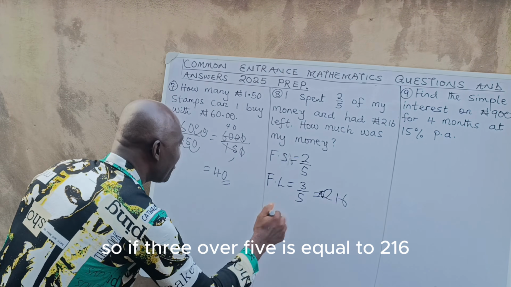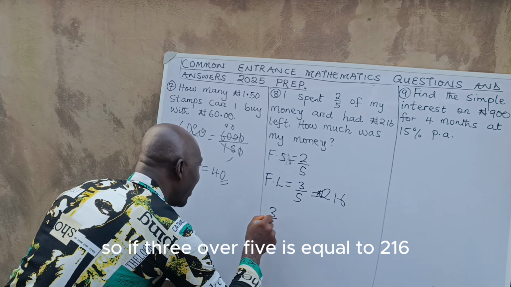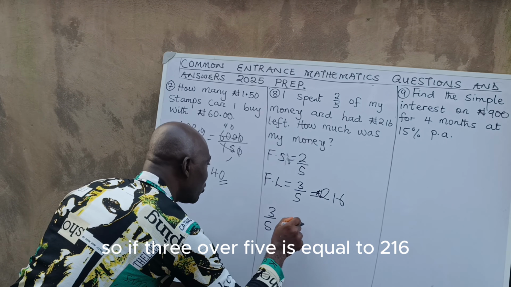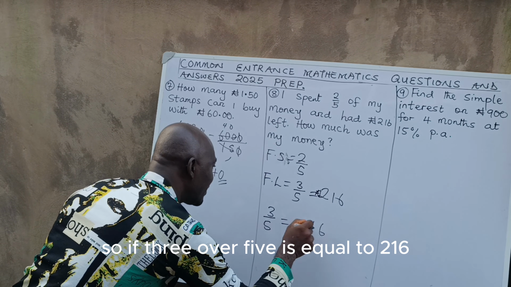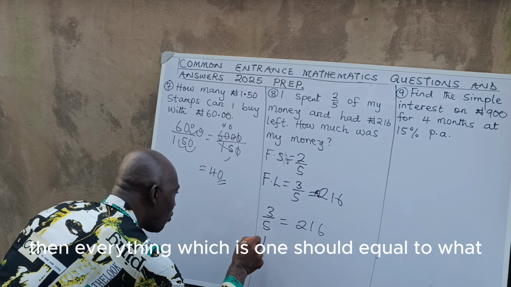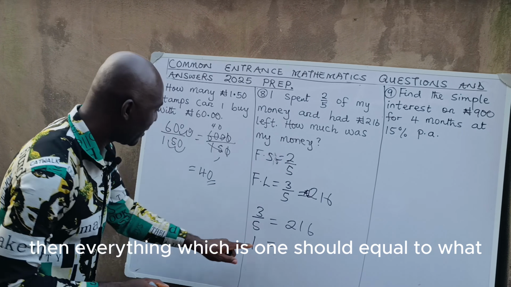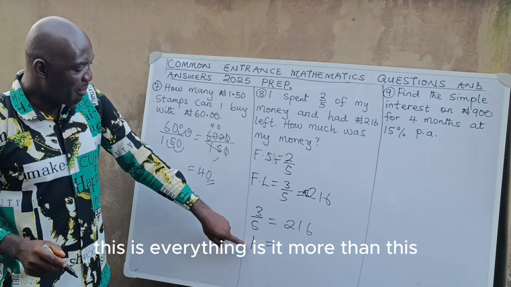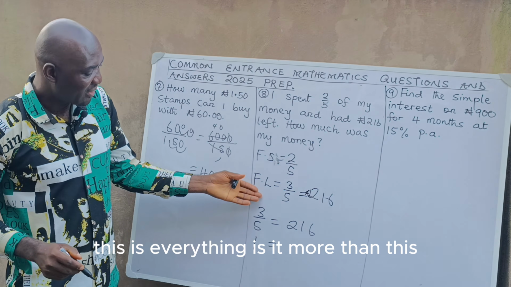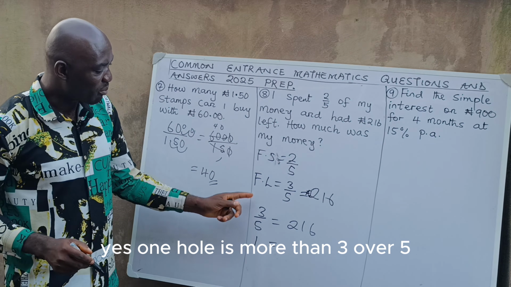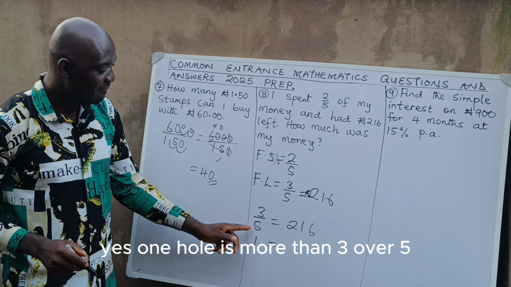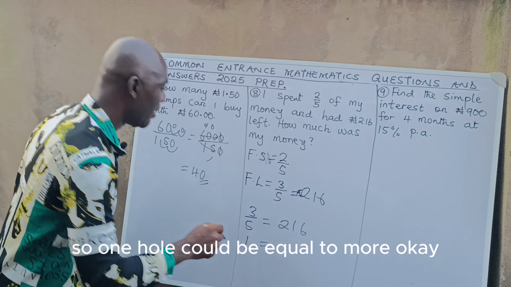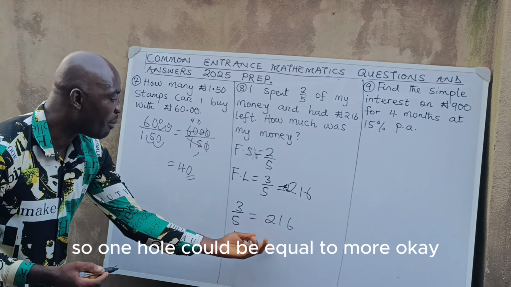So if 3/5 is equal to 216, then everything, which is 1, should be equal to what? Is 1 whole more than 3/5? Yes. 1 whole is more than 3/5.